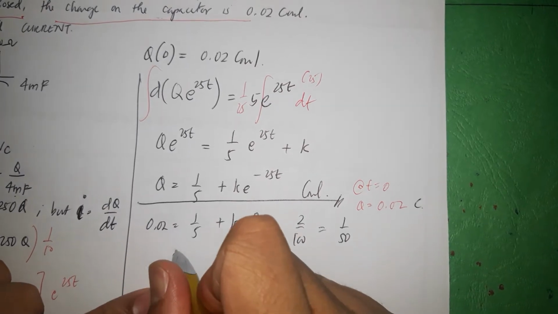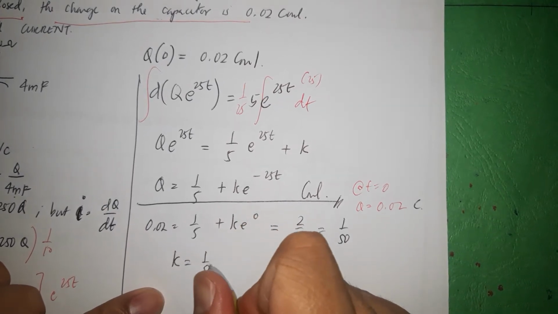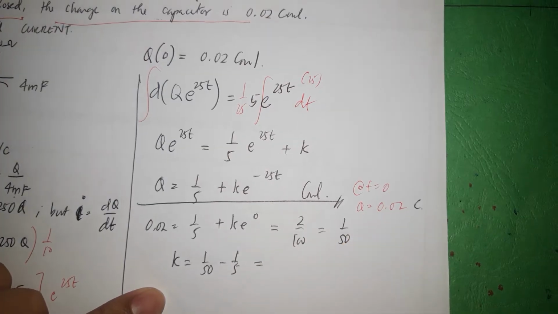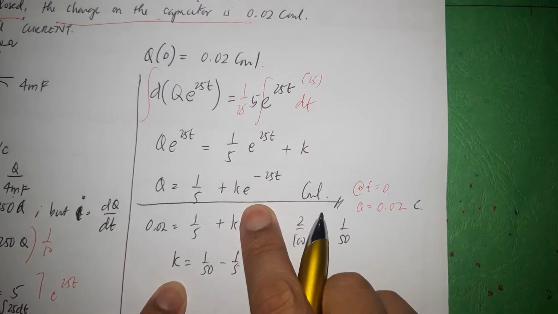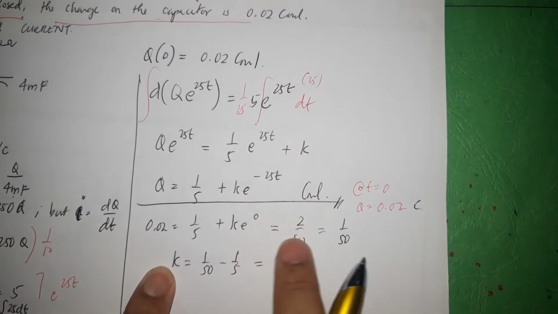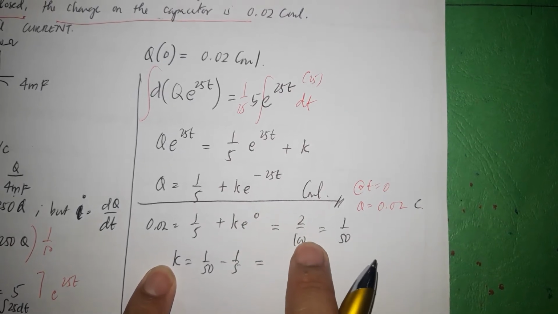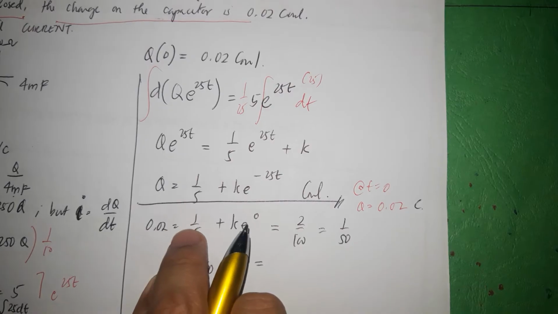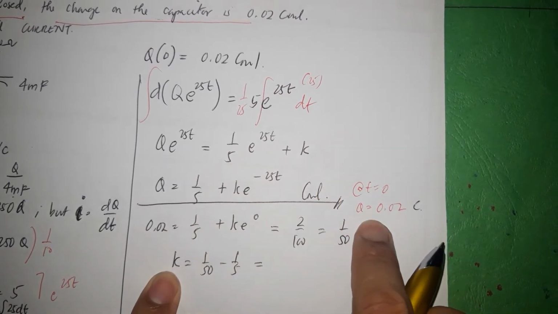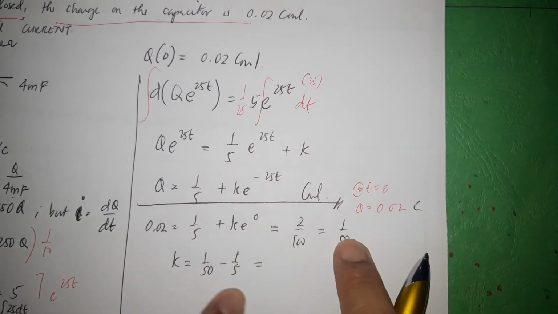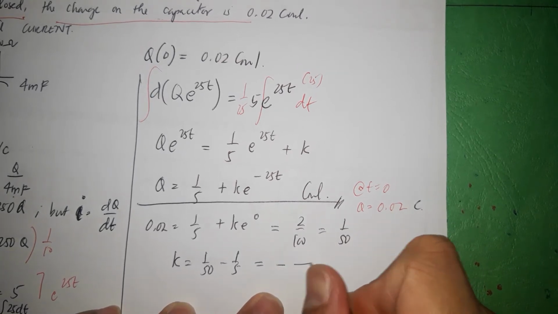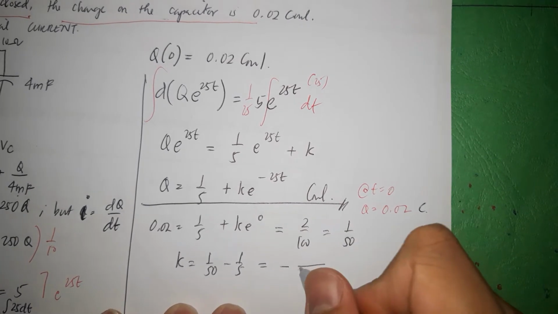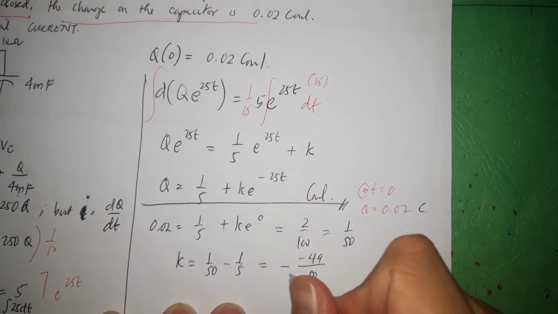So therefore, your k is 1 over 50 minus 1 over 5. Because e to the 0 is 1, so times k, and transposing 1 over 5 to the right side of the equation, that gives you 1 over 50 minus 1/5. So that's negative, because your LCD is 50, that's negative 49.